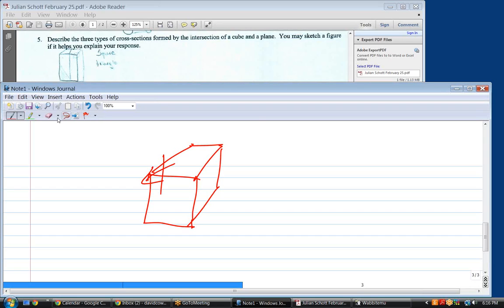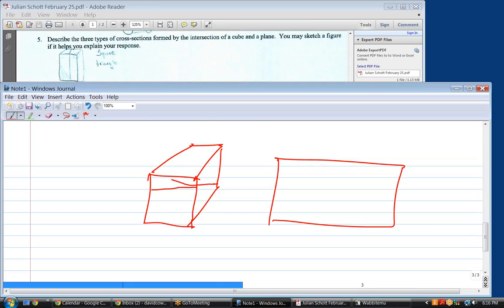Well, what's the third? There's 3 of them. Besides a square and a triangle, what else could we get? A rectangle. In other words, if we slice it, say, from this point here to a lower point in the back, you're going to get a rectangle.